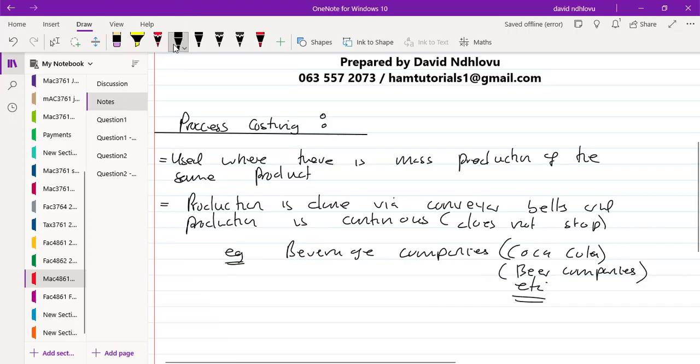So obviously they produce the same product in the same facility. Production usually doesn't stop, it's continuous production. As long as there is demand, production can be continuous throughout the year. So we don't stop production. So this is a setup that is suitable for a process costing system.